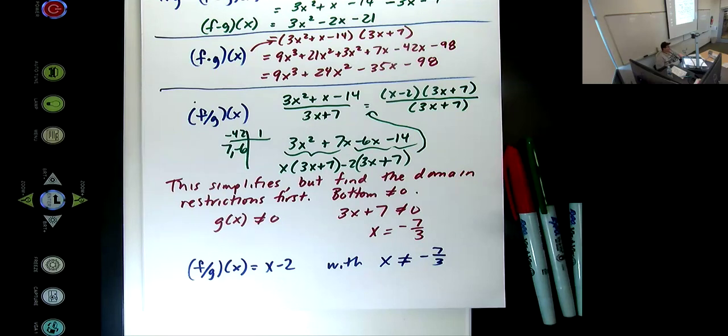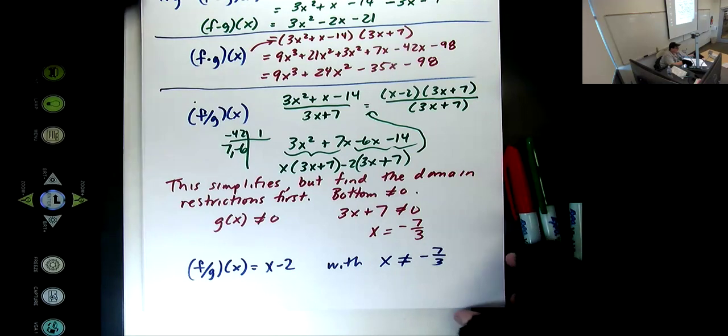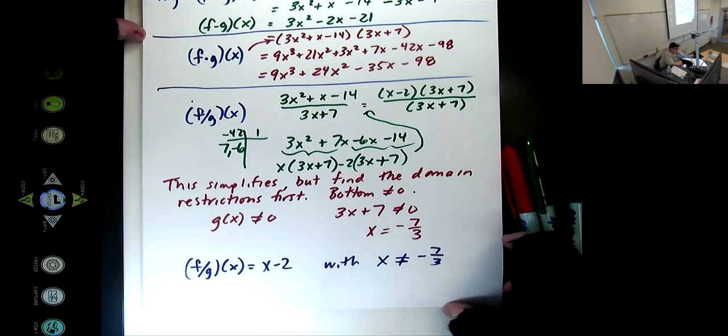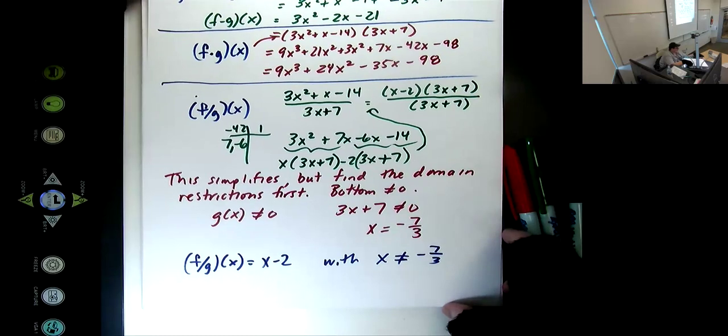Now, if you didn't like it then, you're not going to like it now. Couple other people are still writing, I'm going to give you a chance.